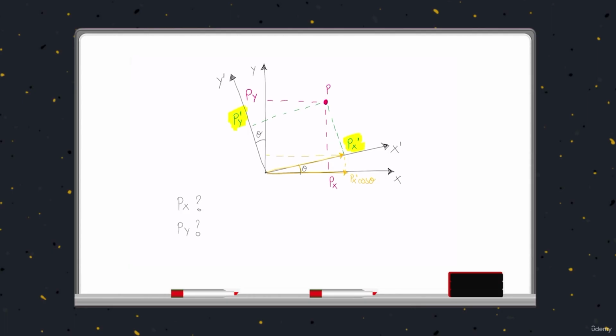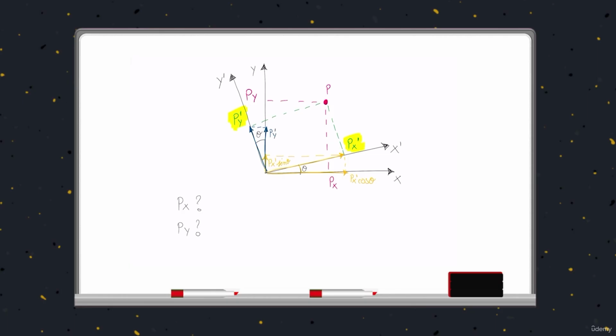Similarly, the y-coordinate is calculated as the length of the vector px' times the sine of the angle theta. This way, we calculate the coordinates of the vector px' along the x and y axis of the world reference frame. We can do the same also for the vector py', and so we can project this one along the x and y axis of the world reference frame.